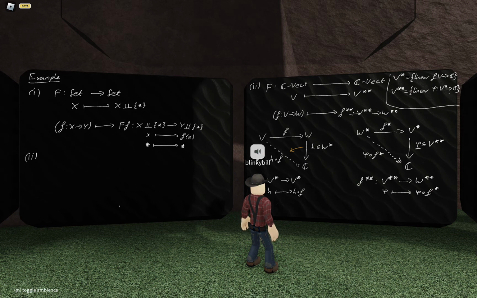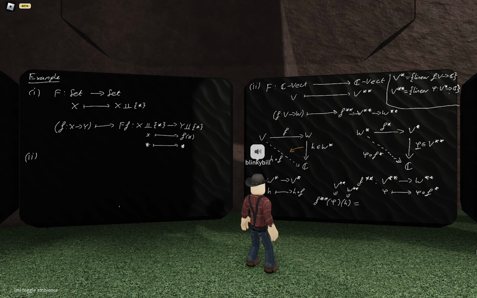I can unwrap this definition a bit to show you what F star star does. If I apply it to phi from V star star, I get something in W star star, which means if I give it an H from W star, then I end up with a complex number.